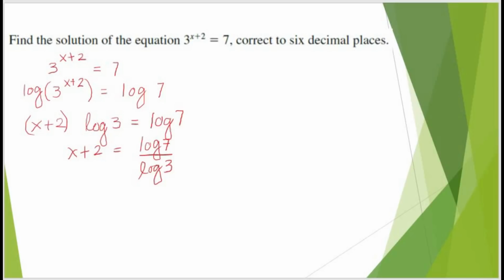We can now subtract 2. We have x is equals to log of 7 over log of 3 minus 2. So our x is, okay, we'll use our calculator.